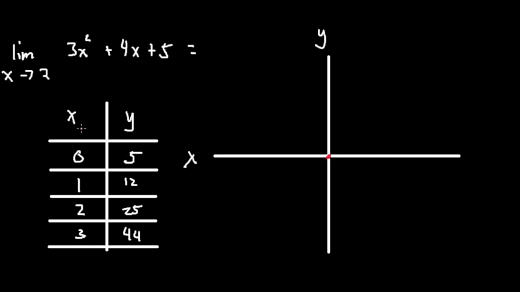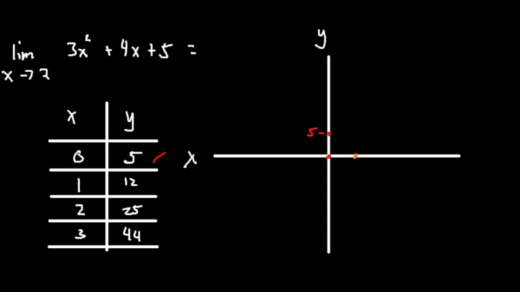And if x is equal to 0, then y is equal to 5. So we go up 5 units. Let's assume it's around here, kunyari yan yung 5. So here is the first point. Next, if x is equal to 1, here is 1.